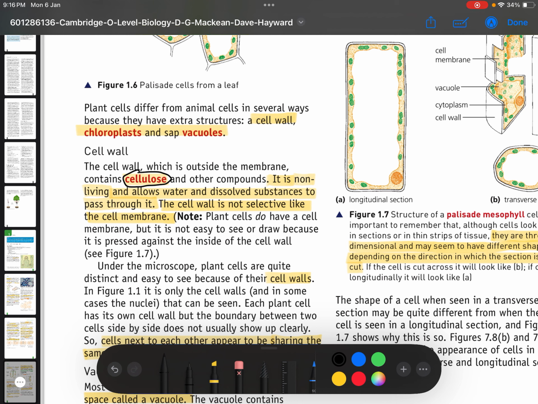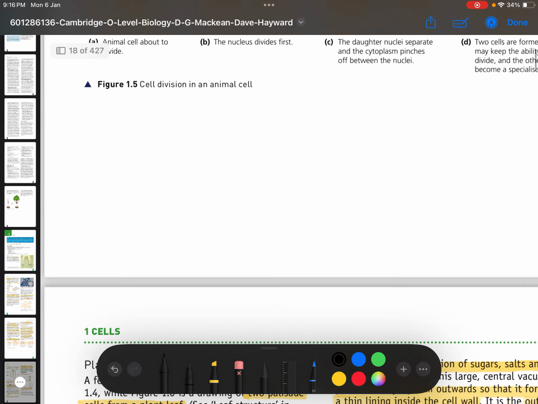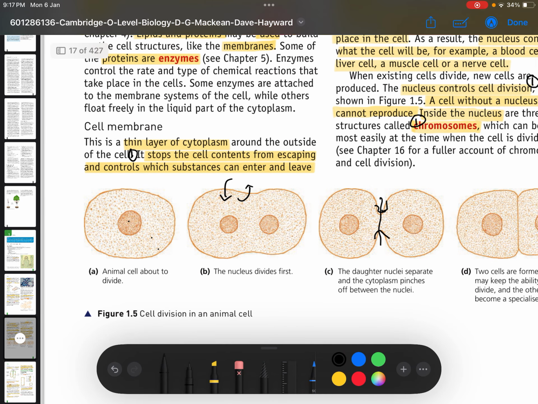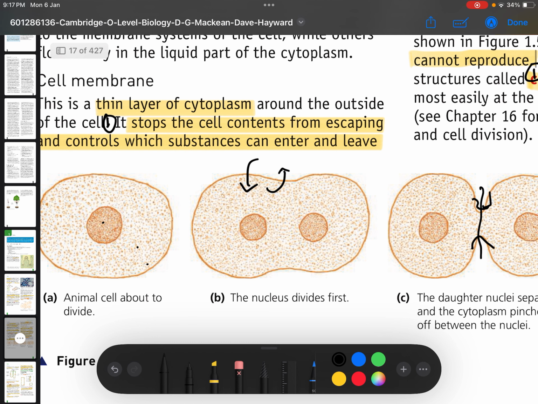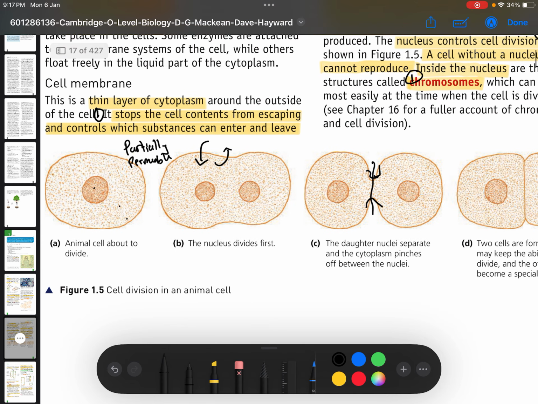So one thing that I forgot to mention here about the cell membrane is that it acts as a police, it sees which things have to leave and which things have to come in. There's a word for this: it's partially permeable, right? Very important. They can ask you what the cell membrane is. The cell membrane is partially permeable.